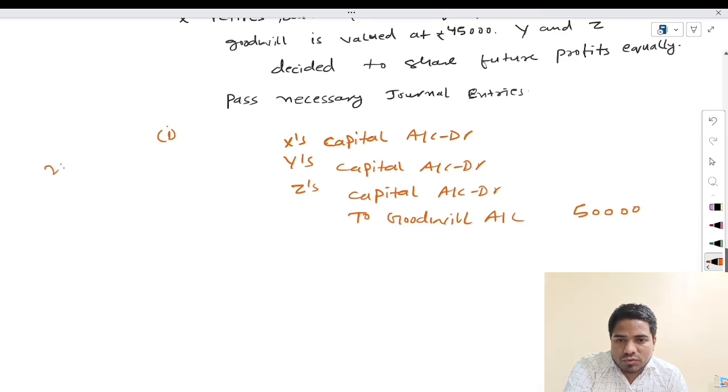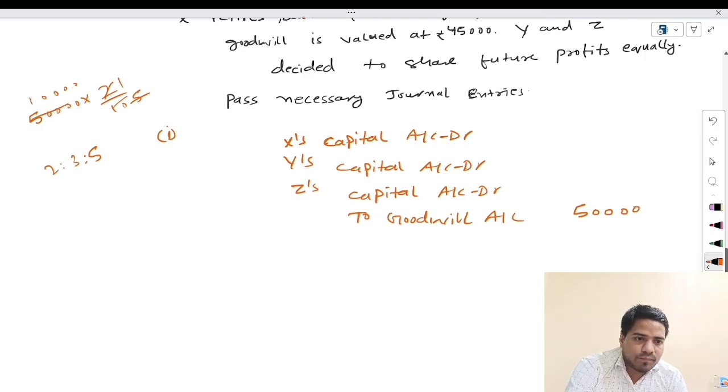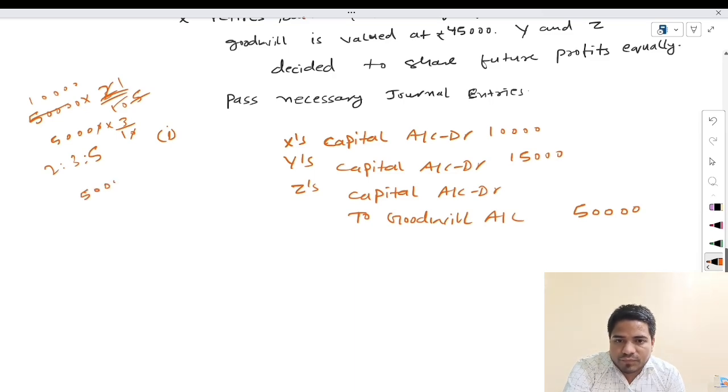What was the ratio? 2:3:5. This 50,000 will be distributed in this ratio: 2/10, 10,000 for X, we will write here 10,000, and for Y, 50,000 multiplied by 3 upon 10, 15,000 for Y, we will write here 15,000, and for Z, 50,000 multiplied by 5 upon 10, 25,000.